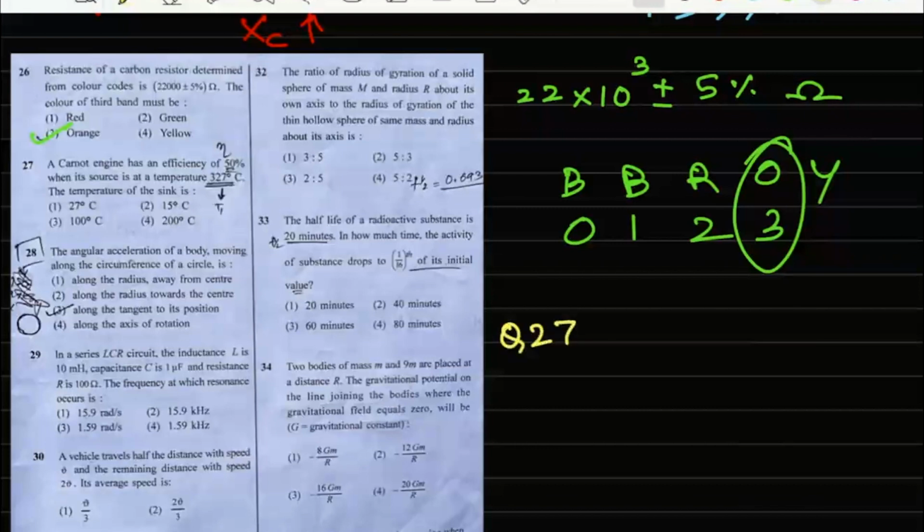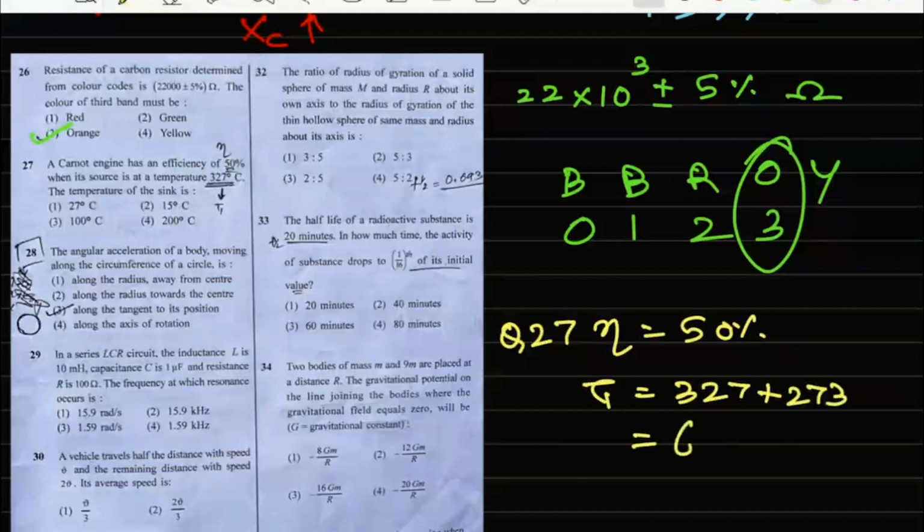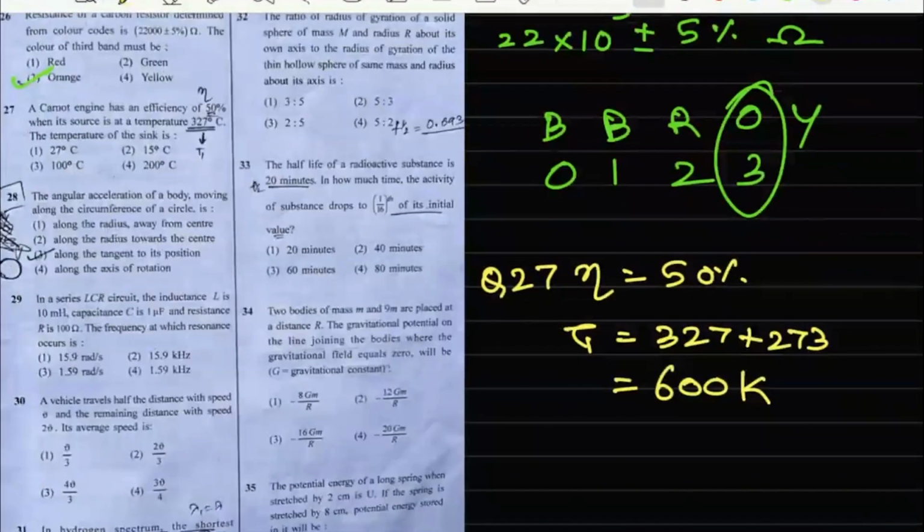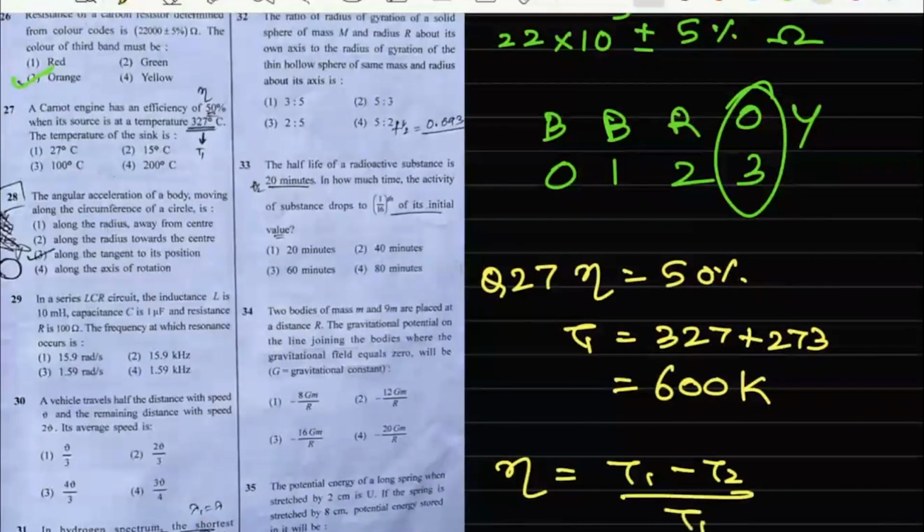Carnot engine has an efficiency of 50% when its source is at a temperature of, so that is T1, is 327 plus 273. This will give me 600 Kelvin. And the temperature of the sink is what? Oh, again, very easy question. It's going to be T1 minus T2 upon T1.